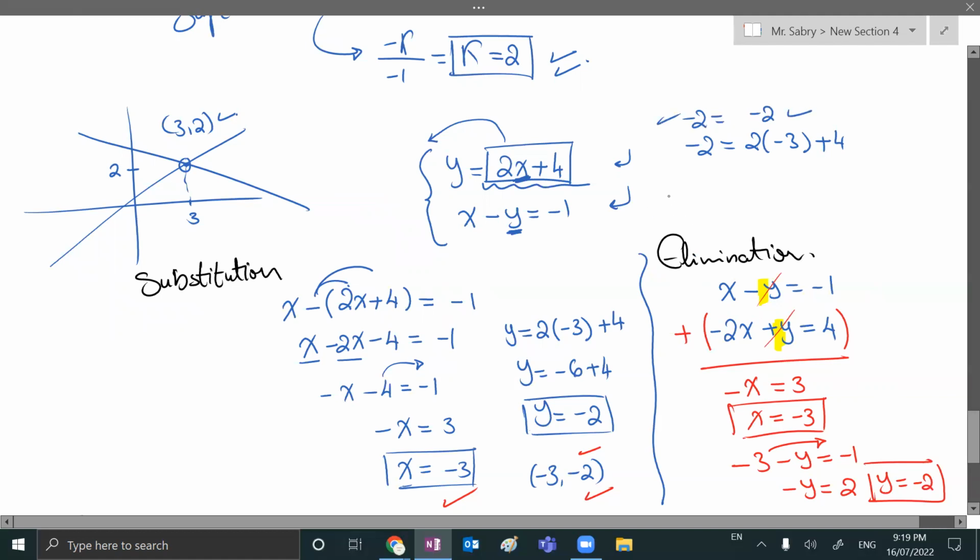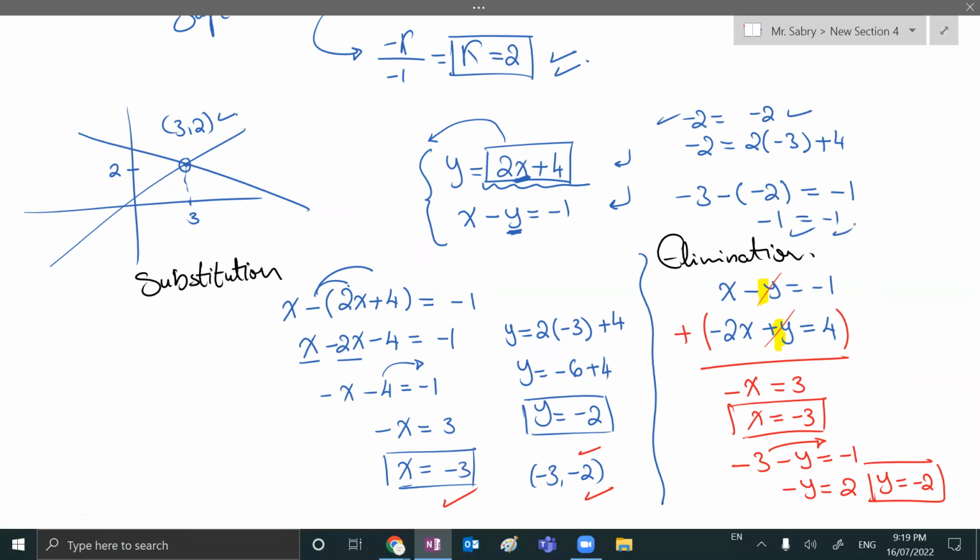If you try the other equation, same thing. Look, negative 3 and then minus, and instead of y put negative 2 and see what comes out. Negative 3 plus 2 comes out negative 1, equals negative 1. So it still satisfies. This is called the point satisfies both equations. Sure?